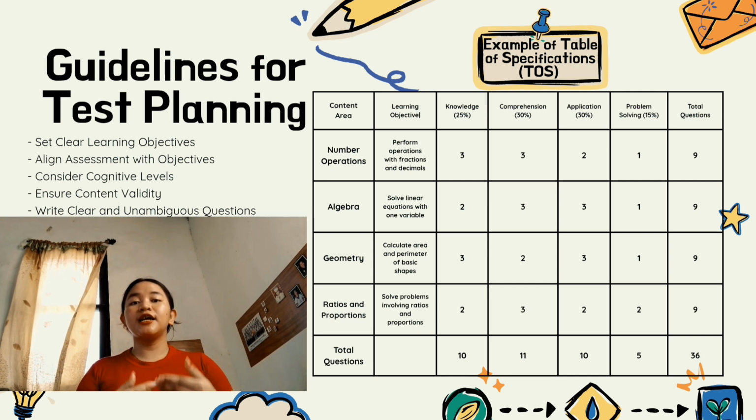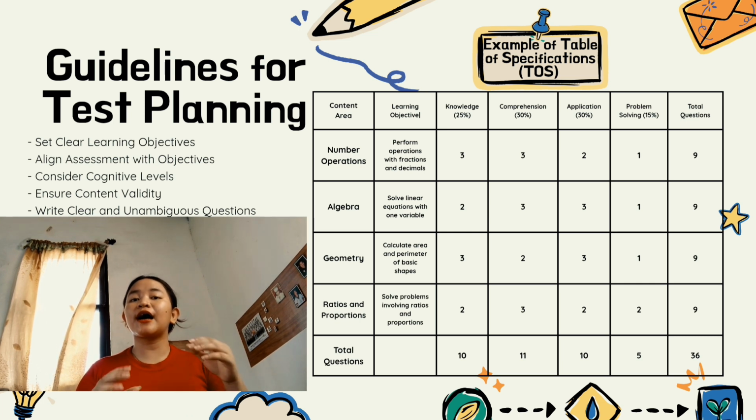The learning objectives are to perform operations with fractions and decimals, solve linear equations with one variable, calculate area and perimeter of basic shapes, and solve problems involving ratio and proportion.